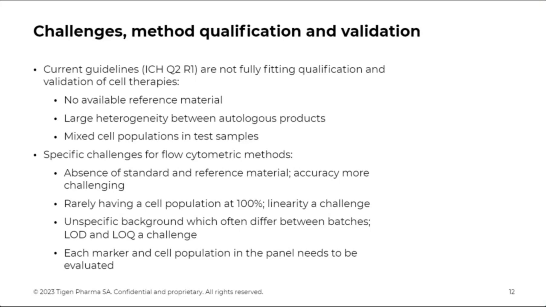I know that a lot of authorities are working on updating them so they would fit cell therapy better. But for example, there is no available reference material. A reference material is, for example, a vial with a certain percentage of T cells or a certain type of protein that you can purchase. But there is no such available reference material that is exactly the same that we can use.